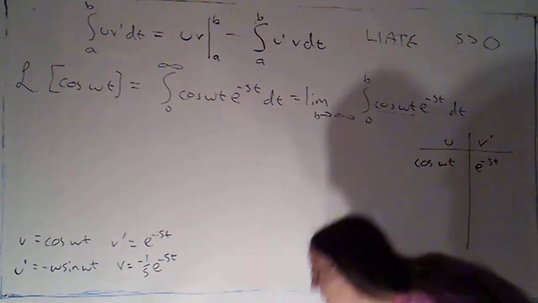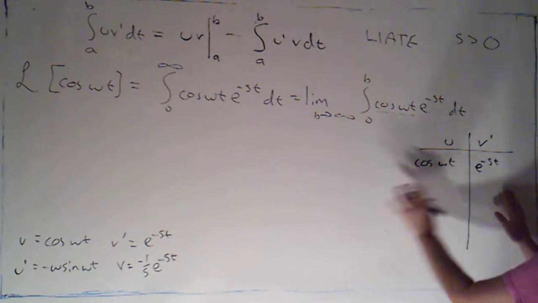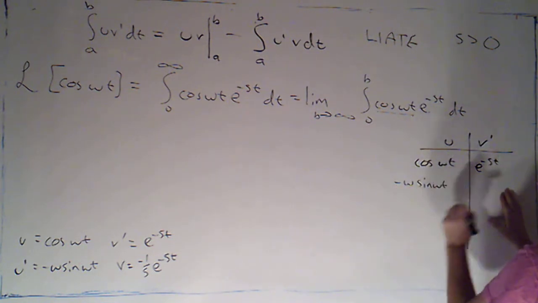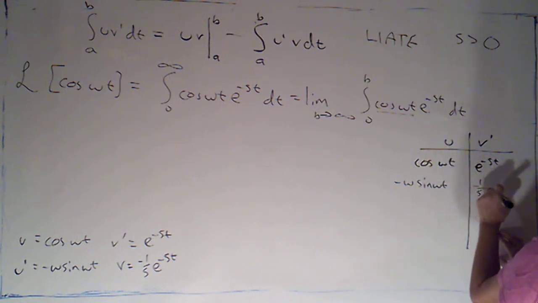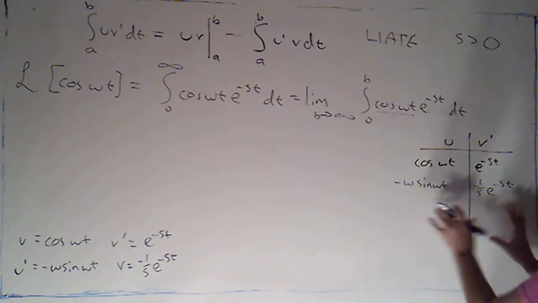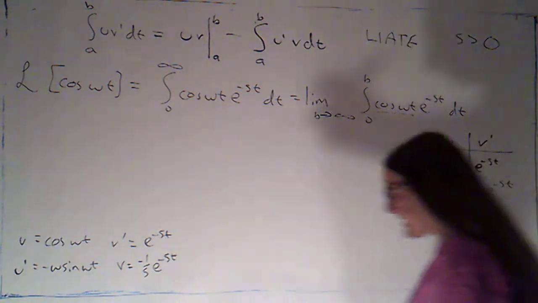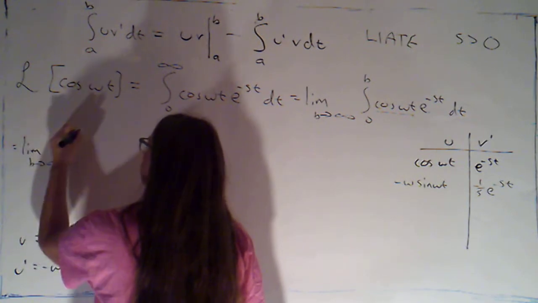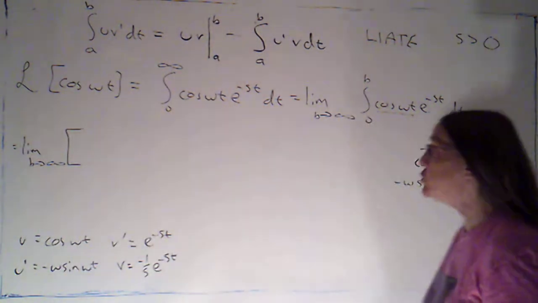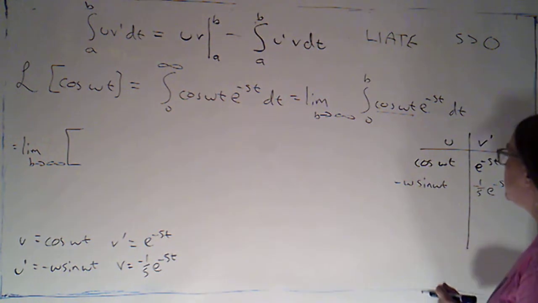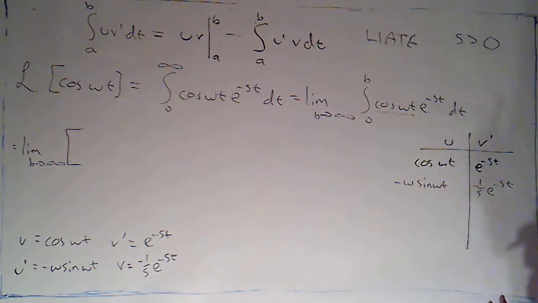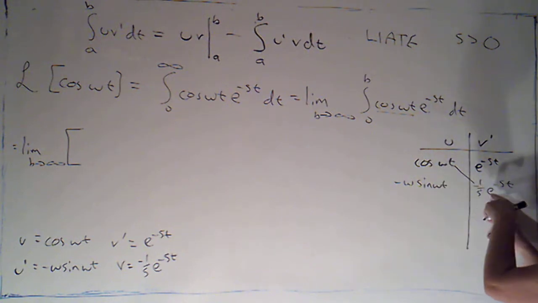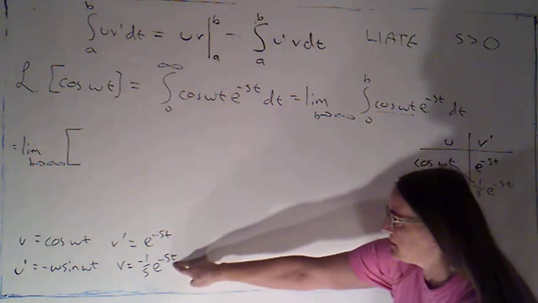Okay, so I'm going to also on my table record that my u prime was negative omega sine omega t, and my v was negative 1 over s e to the negative st. All right, so now let's write out what we're getting. So I'm getting the limit as b goes to infinity. And I'm going to need some brackets because I'm going to get two terms here. I'm going to get my u times v. Now notice the u times v is just this diagonal product right here, because that was my v that we had.